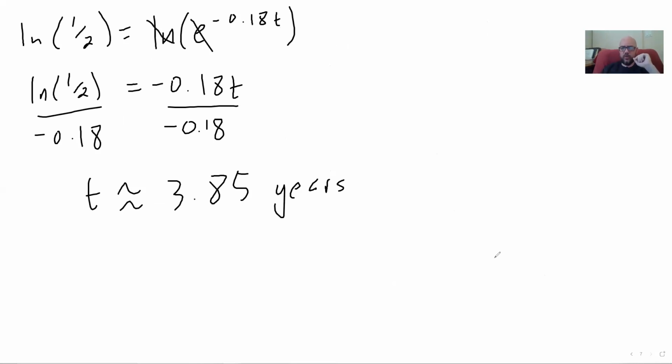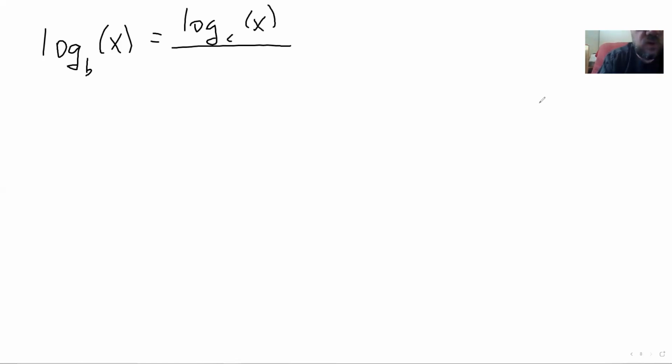Okay, the other thing I want to show you is the change of base property. The change of base property says that log base b of x is log base c of x divided by log base c of b.